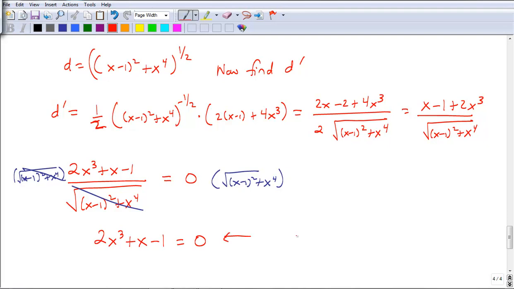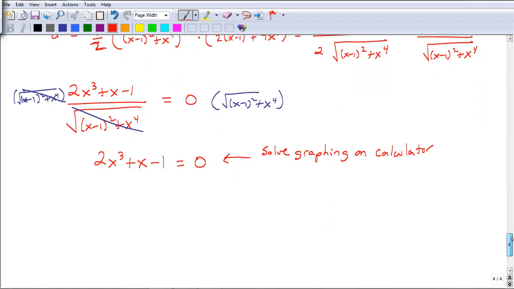This one's a tricky one to solve. It's not a simple one to factor. What you can do, though, is solve by graphing on the calculator. That's one way to solve these types of problems that you don't necessarily know how to do algebraically. So what you do on your calculator is enter into y equals 2x cubed plus x minus 1.